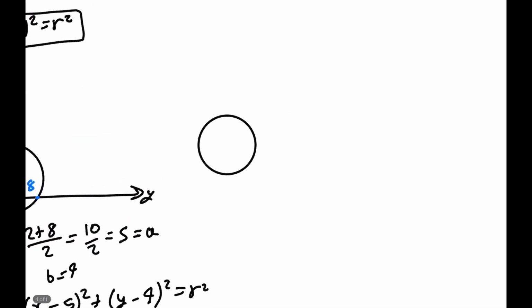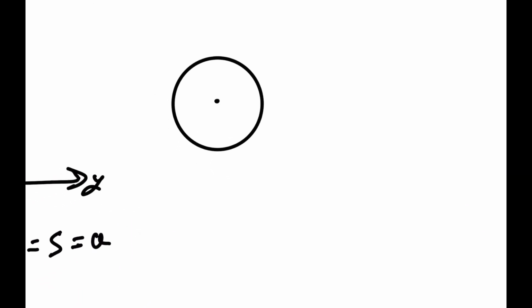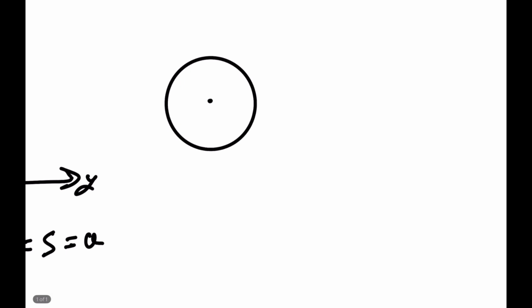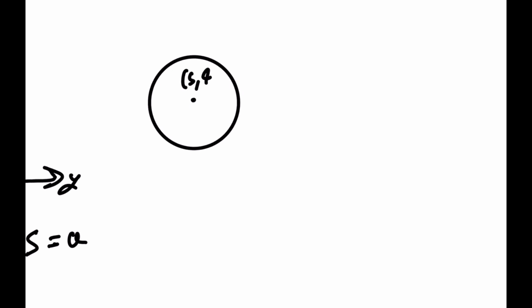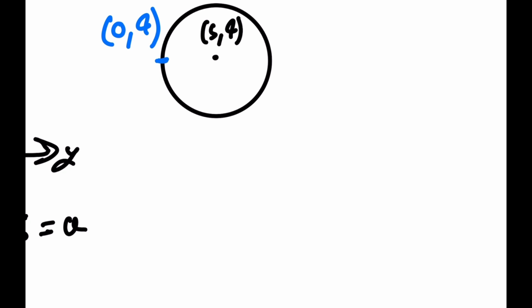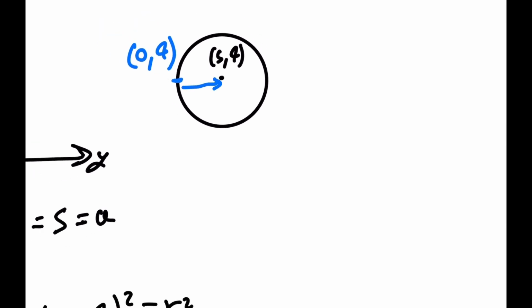We know that the center already is 5, 4. And this point on the edge is just 0. So the x value is 0 and the y value is 4. So the distance from here to here must be 5.